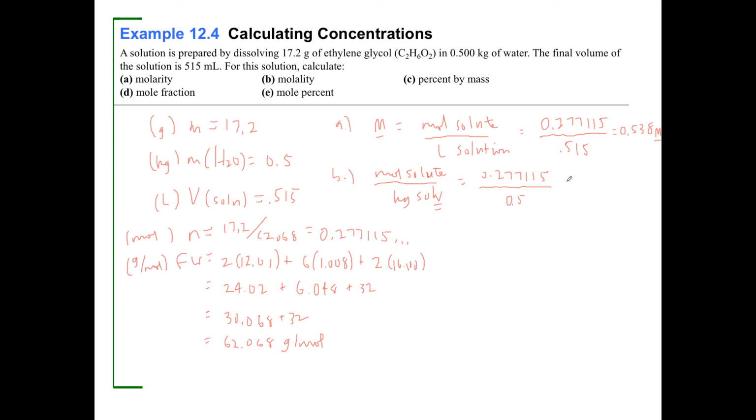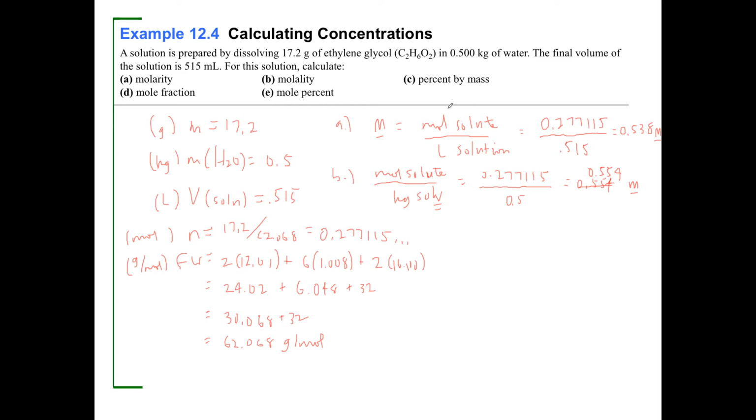That gives us 0.55423. We've got 3 sig figs for everything, so 0.554. And this is mole, and it's a lowercase, usually italicized, so I'm going to underline that.